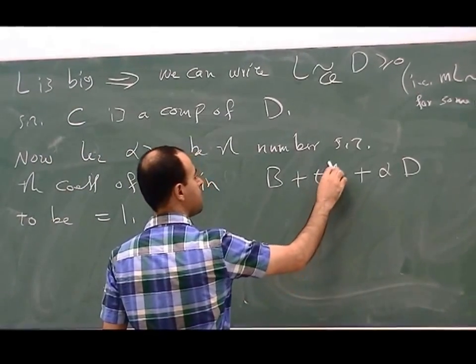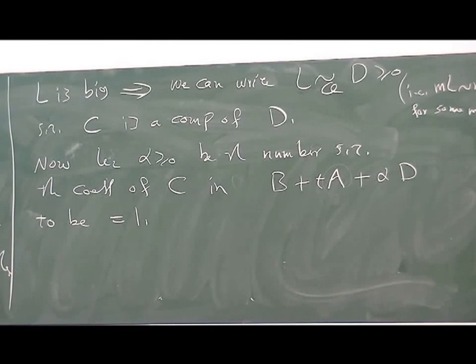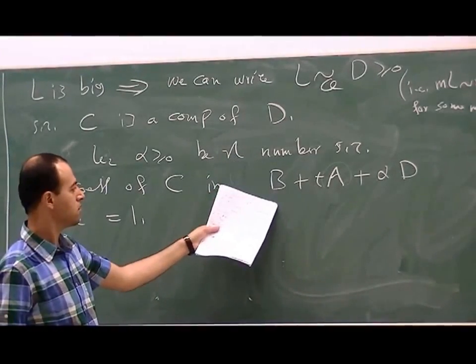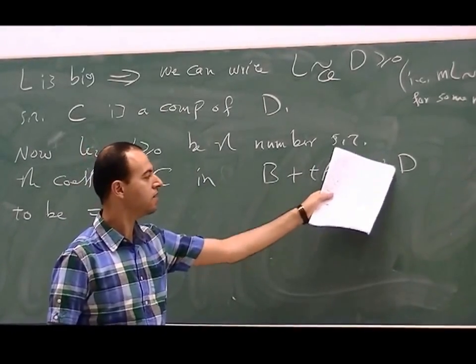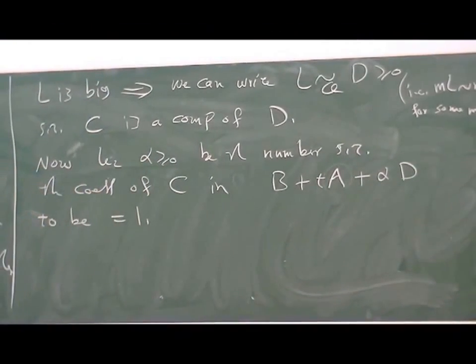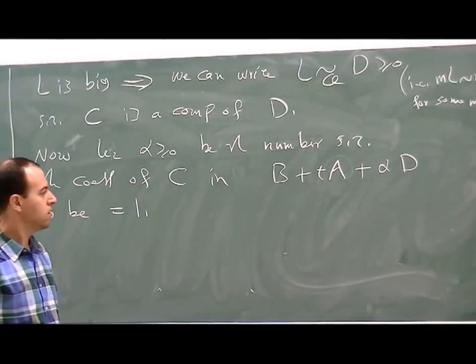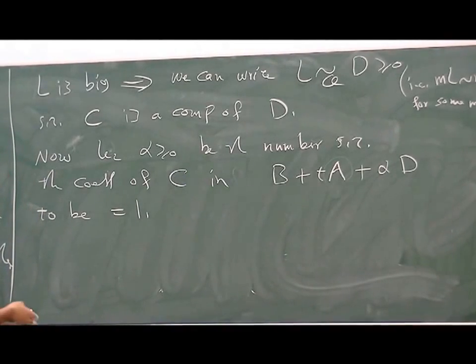The ample divisor A here, because it's ample, you can just change it and make sure that it does not cause any trouble. For much of this kind of algorithm, you can just ignore it. You just need to see what the coefficient of C in this is, and if it's not equal to 1, you add enough multiples to make it equal to 1. It's just a very artificial argument. Do you have to add K_X to this expression? No, I want to choose a k out, because I will try to apply adjunction.